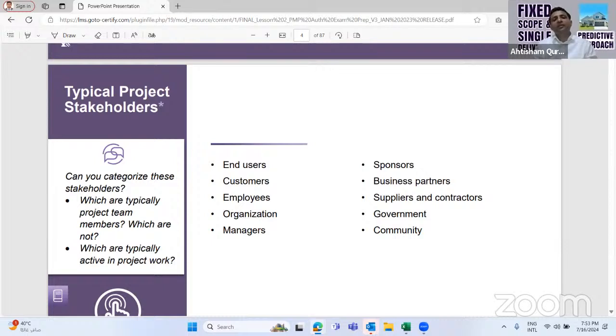And the answer is that anyone who has a positive or negative stake in your project is your stakeholder. It could be your end users for whom you are doing the project. It could be the customer, sponsor, anyone within your organization who will be impacted by the results of the project, anyone within your community who will benefit from the outcome of the project, or any of your business partners who will be beneficiaries of the outcome.